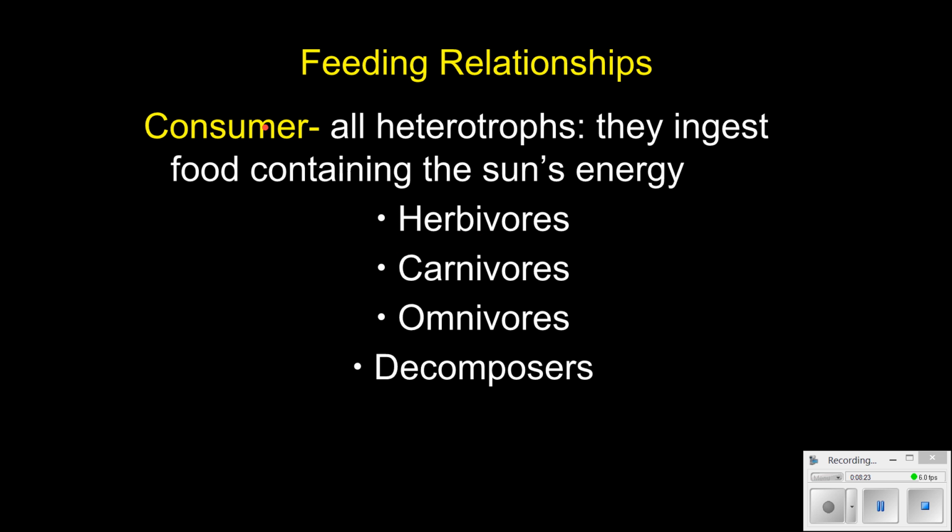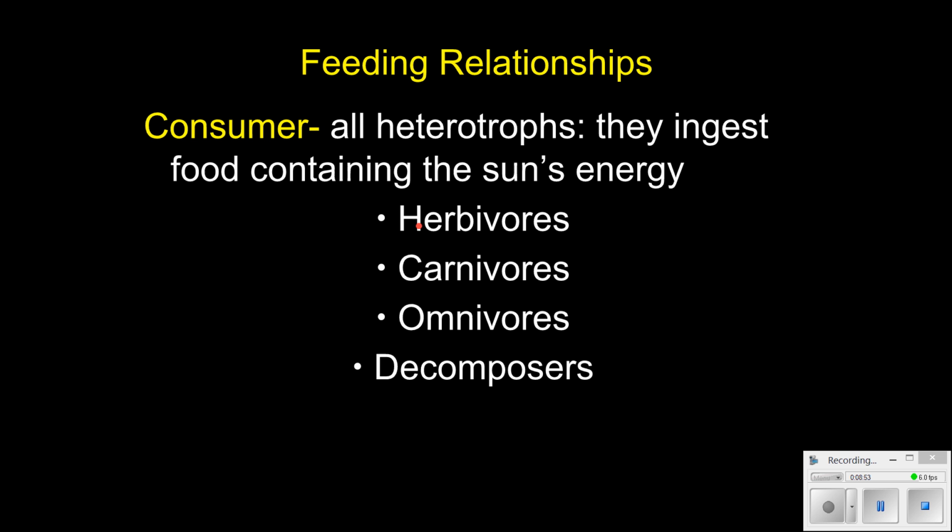If a consumer is going to eat an herbivore, that herbivore got its energy from eating plants, which got their energy from doing photosynthesis using the sun's energy. So all energy stems from the sun, and as consumers eat other organisms, including maybe plants or just other organisms, that relationship has to stem from the sun's energy.